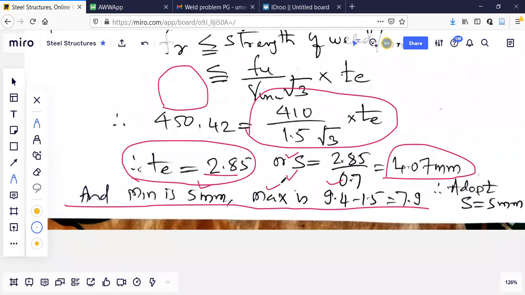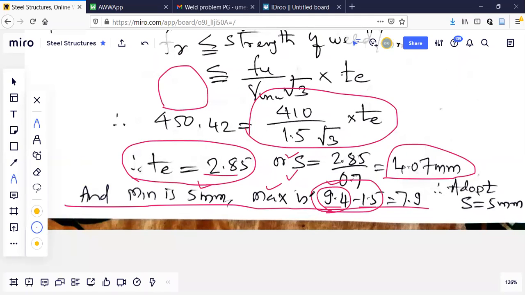Maximum is this 9.4 minus 1.5. That is, 1.5 mm lesser than the least thick plate element of the member. This 1.5 is a standard number, 1.5 mm. This 9.4 is in the problem, whichever is the least thick, meaning the thinnest element.